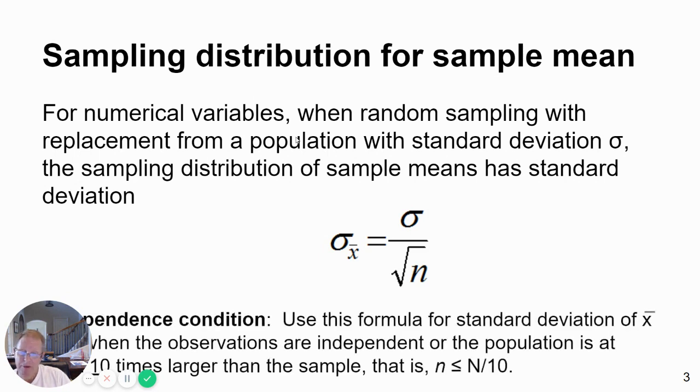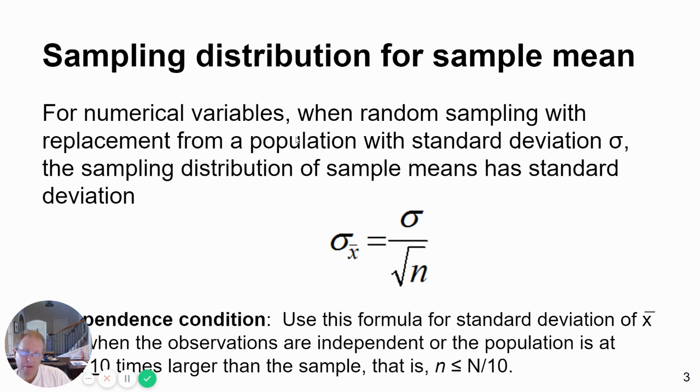But I have to tell you this. This formula only works if the independence condition holds, or the 10% condition is met. So this formula works if we are sampling with replacement, but if we are sampling without replacement, we're going to have to show that our sample size is less than 1/10 of the population size.